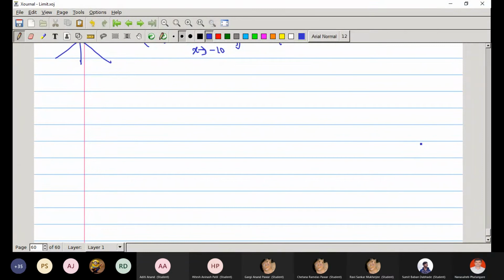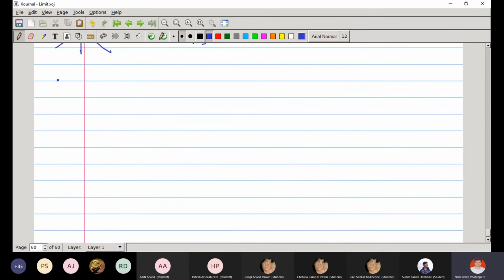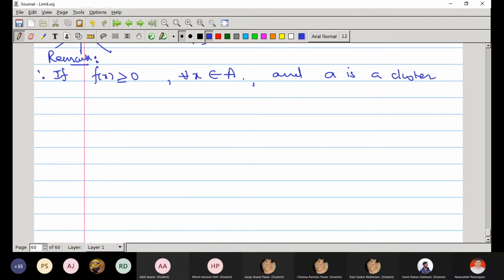So the point is, if f(x) is positive or greater than or equal to 0, suppose the function is non-negative for every x in A, and a is a cluster point of A. Right?